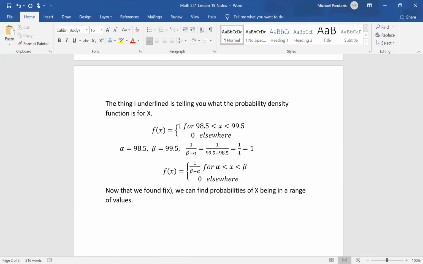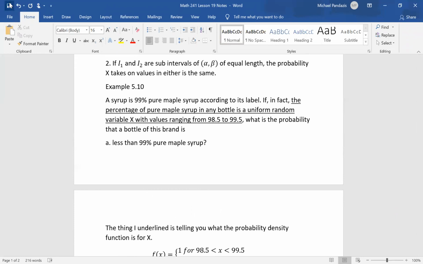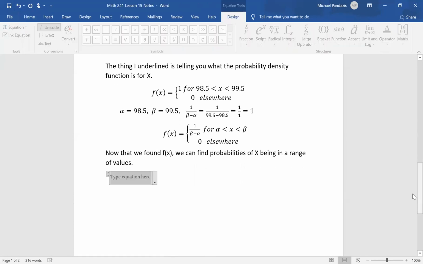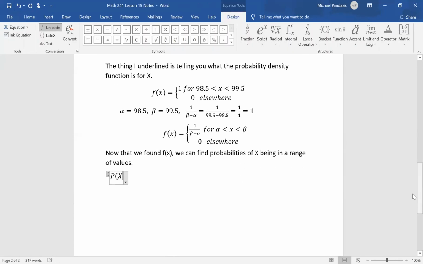Okay, so for A, we want to know the probability that X is less than 99% pure maple syrup. So we want to know the probability that capital X is strictly less than 99.